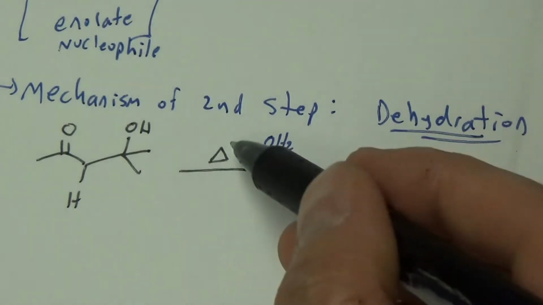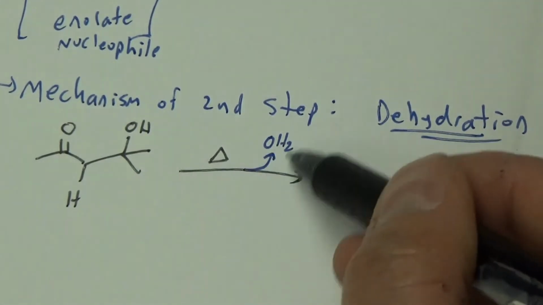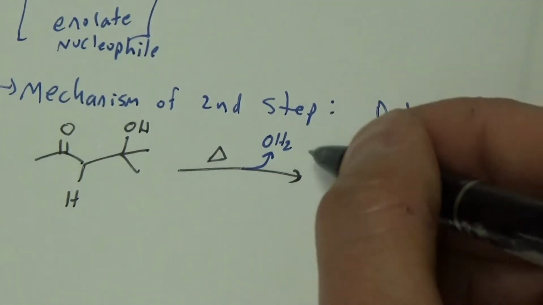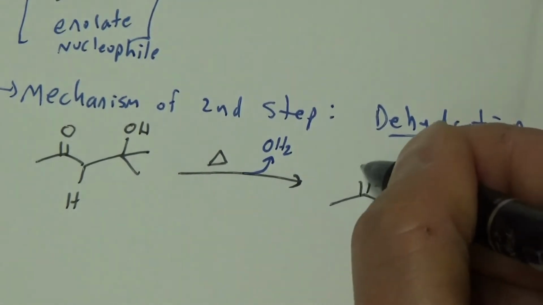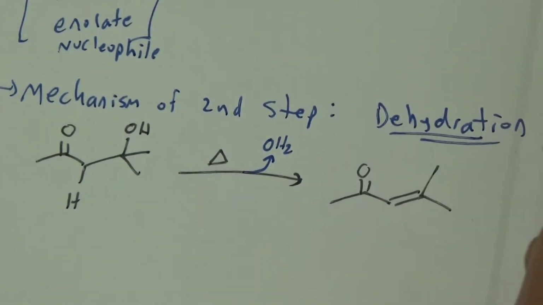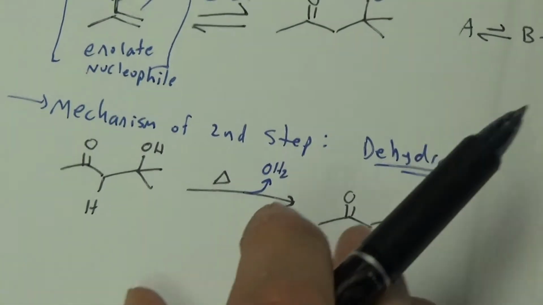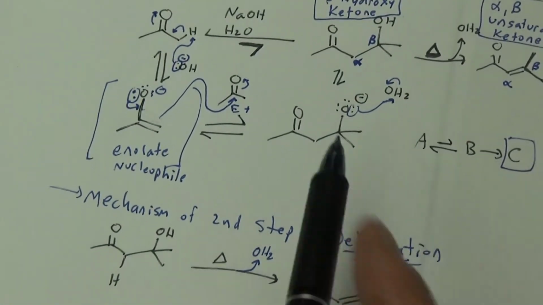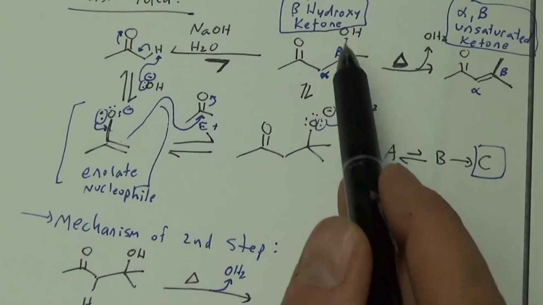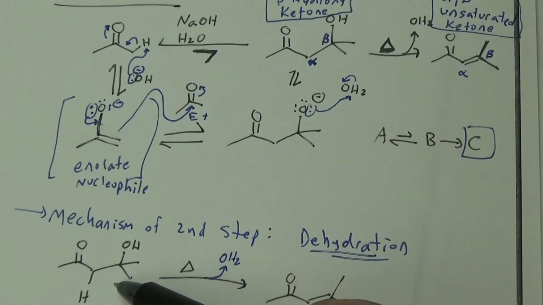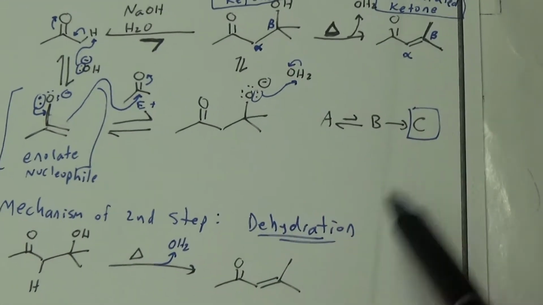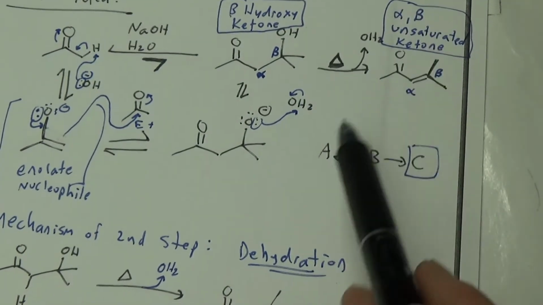Especially if you go above the boiling point of water, well then not only does it go away, it vaporizes, right? All right, what are we calling these things? This is a beta hydroxy ketone. And the product is the alpha beta unsaturated ketone.